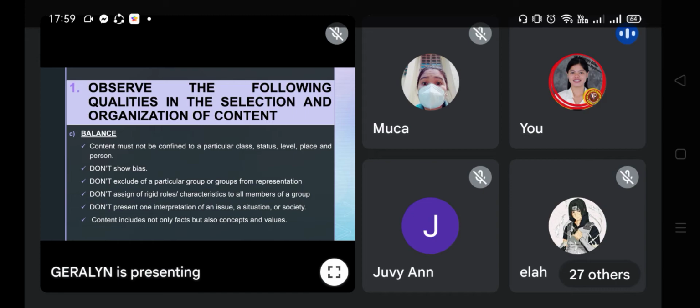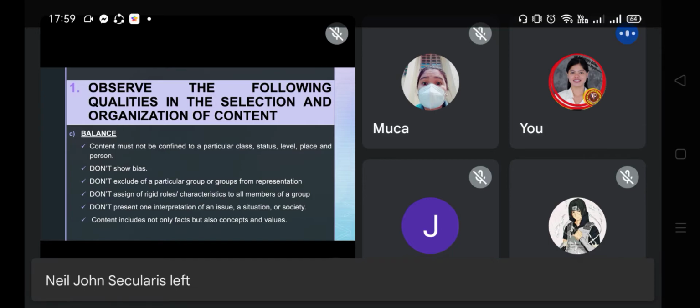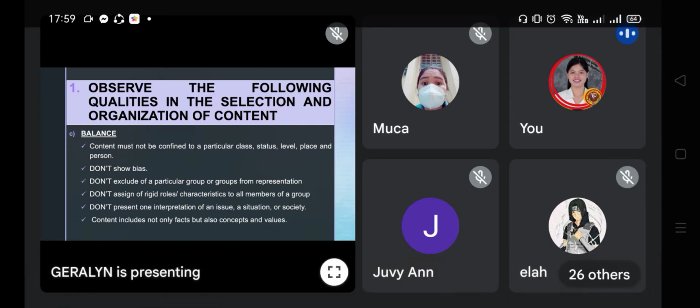The reason why there are a lot of students who lose the motivation to go to school is because they feel that their teacher is biased. They feel that they are not given attention, and we have to remember that children, mga BEd man mo, children desire attention.